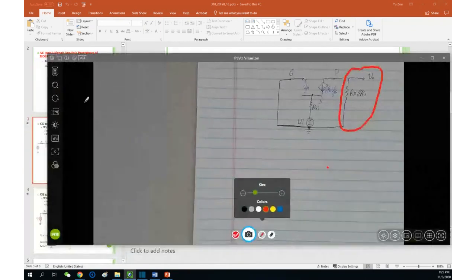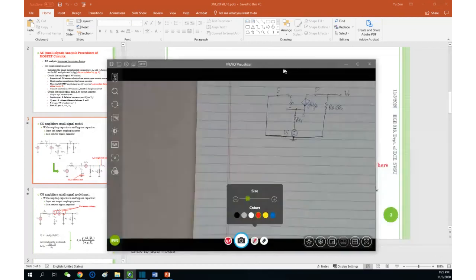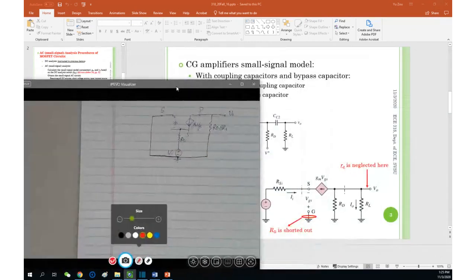Now, how about this dependent current source? What happened to it?